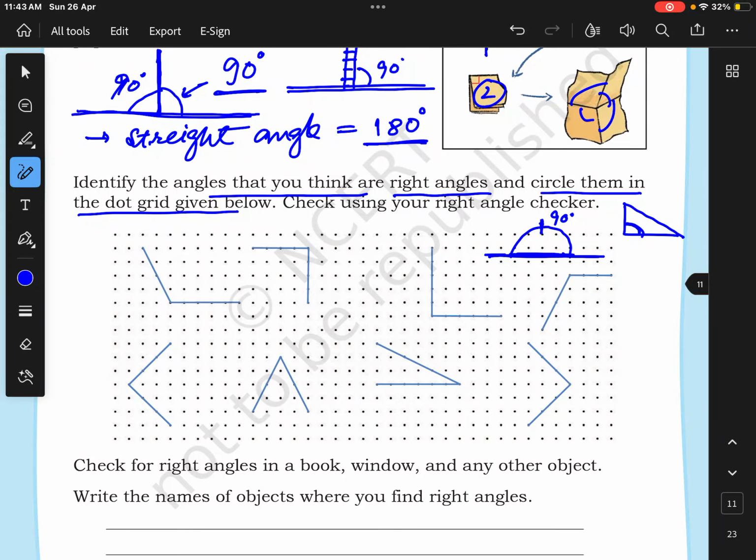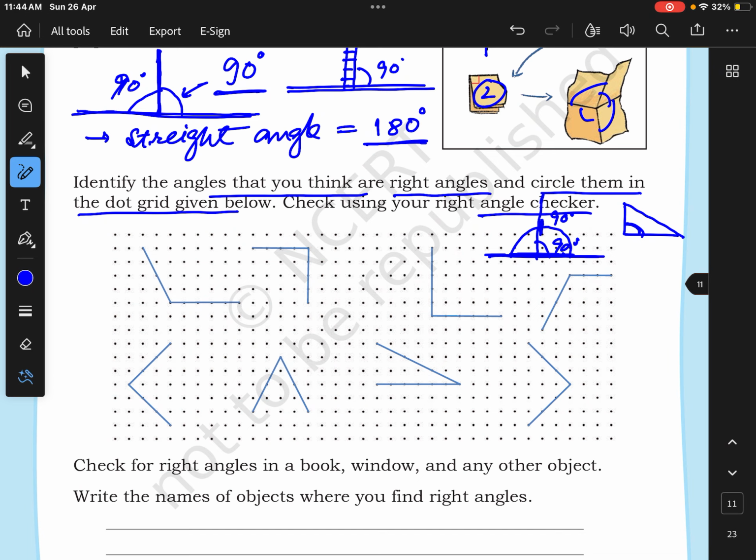If the vertical line is matching with this 90 degree mark, then you can say that this angle is 90 degrees. This is called an angle checker. You will get it in your geometry box.